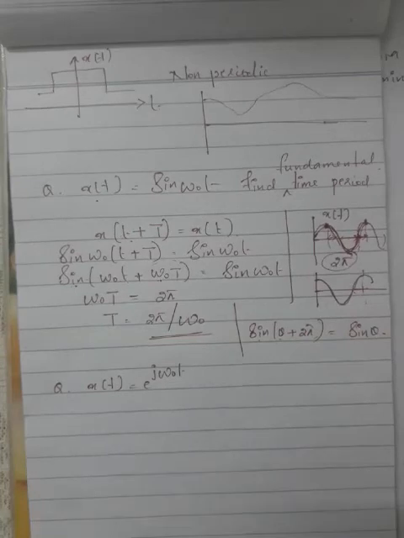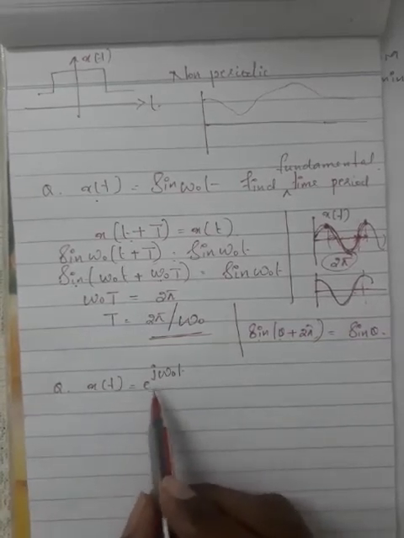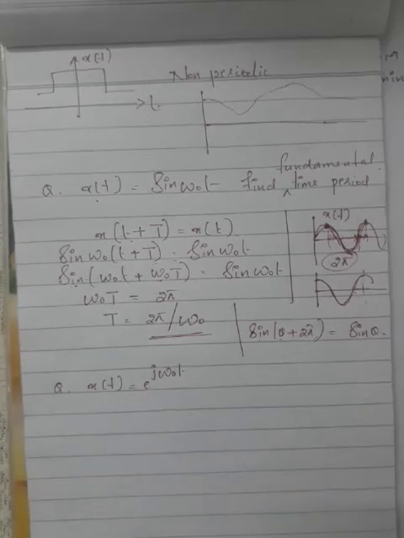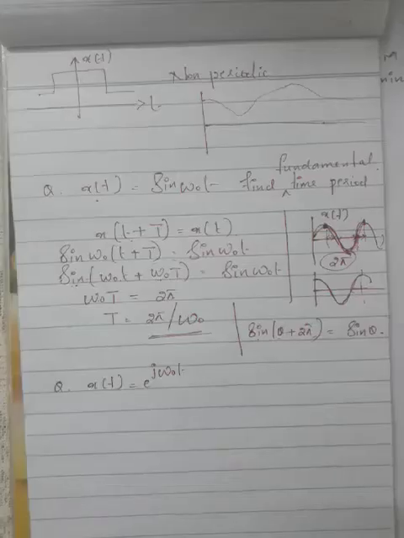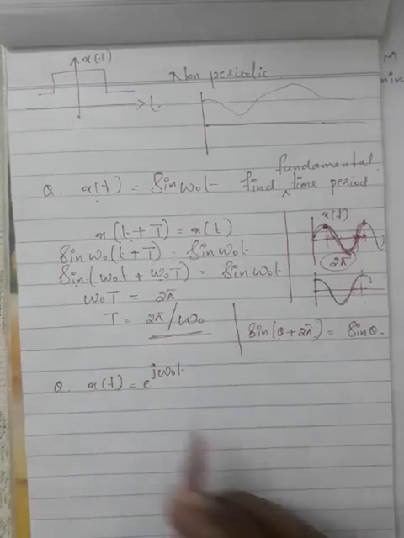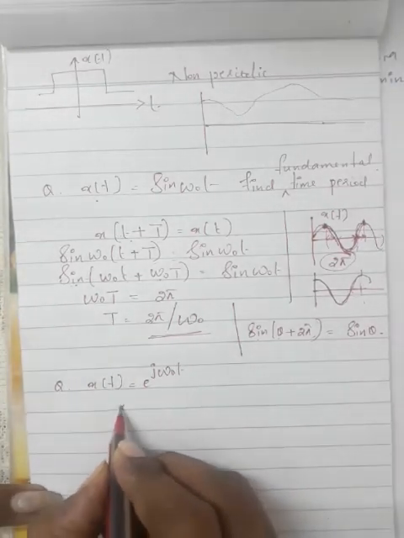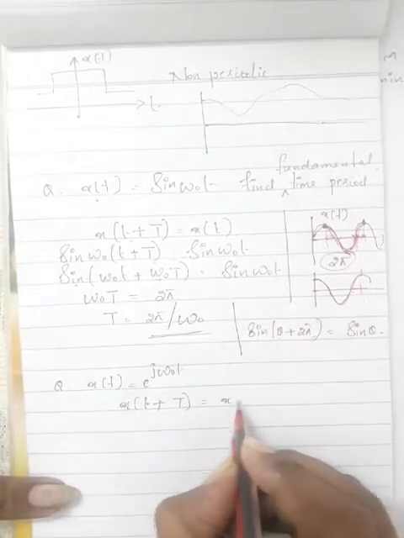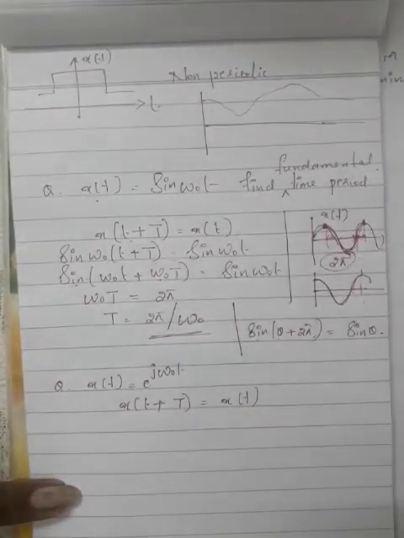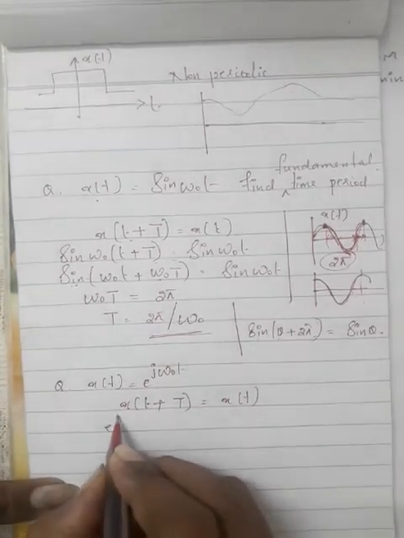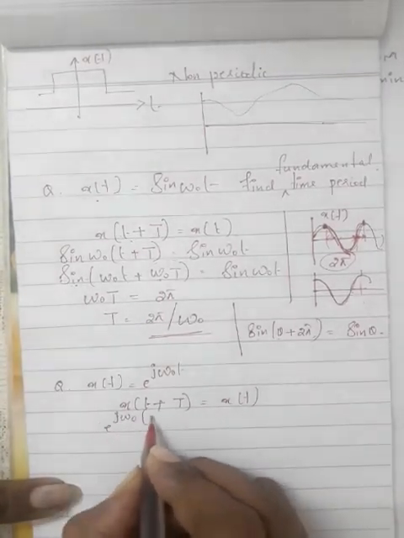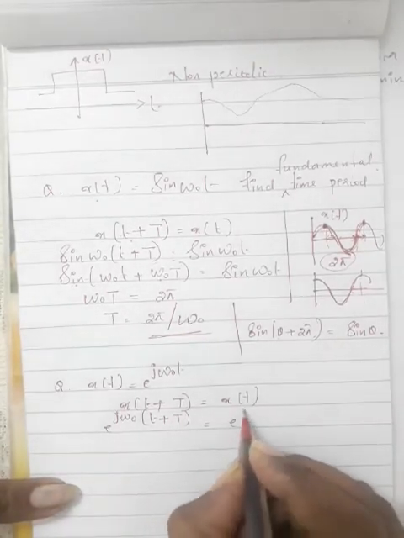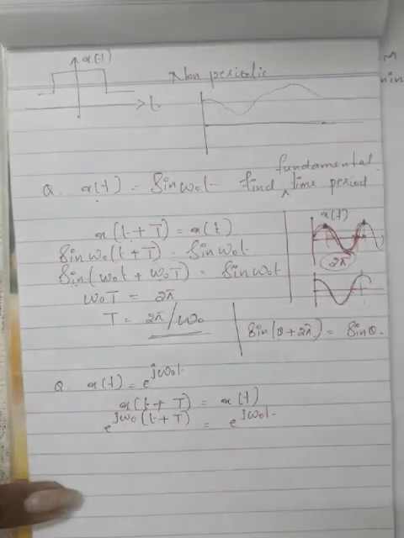So the next question is, find the fundamental time period of x of t is equal to e raised to j omega 0 t. According to the equation, we know that x of t plus capital T should be equal to x of t. That is, e raised to j omega 0 into t plus capital T should be equal to e raised to j omega 0 t.